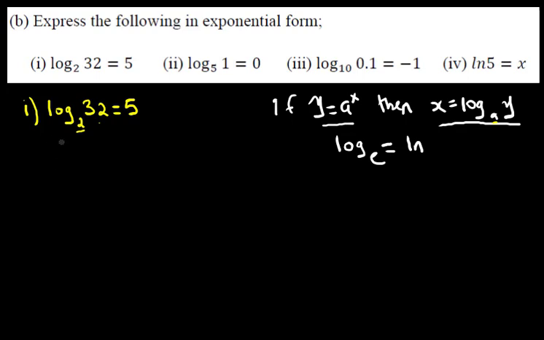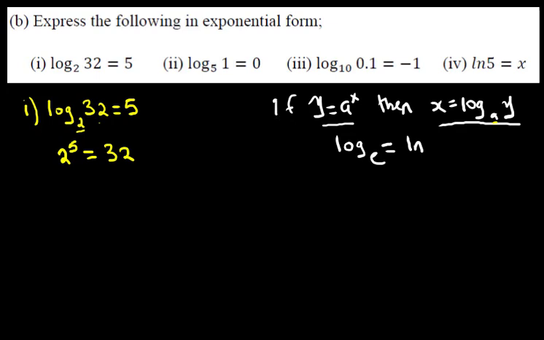Converting to exponential form, this is the same as 2 raised to the power 5 is equal to 32. Something that could help you is to make sure that whatever is down here is the base, and whatever it is equated to is the power.